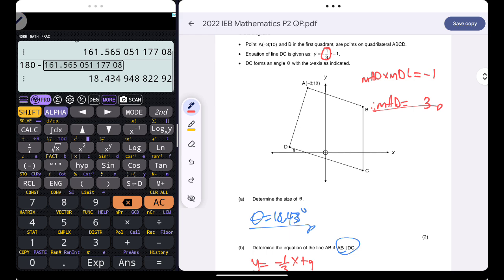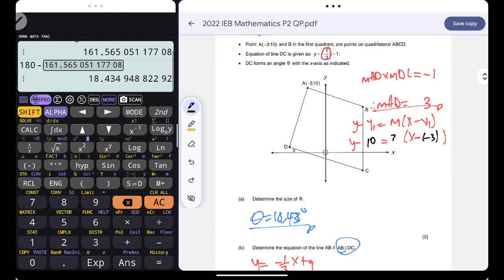So I can simply use the equation, which says y minus y1 is equal to m(x minus x1). Are we together? So let's go. y1 is 10, x1 is negative 3. The gradient is a positive 3.